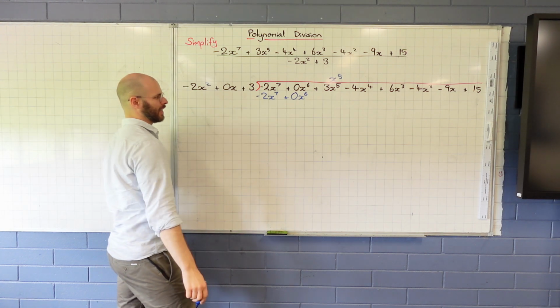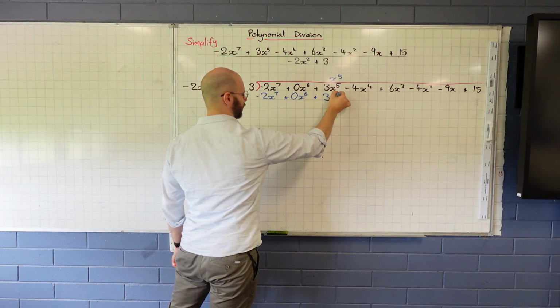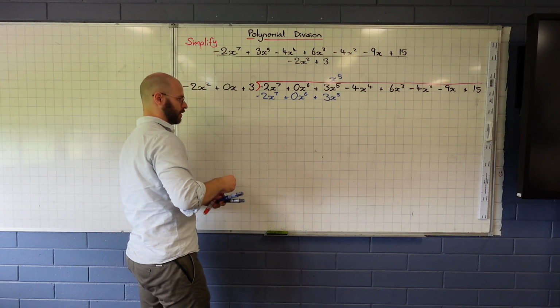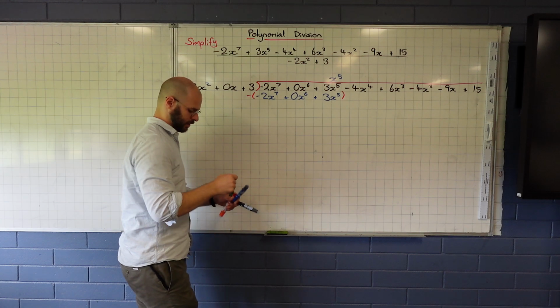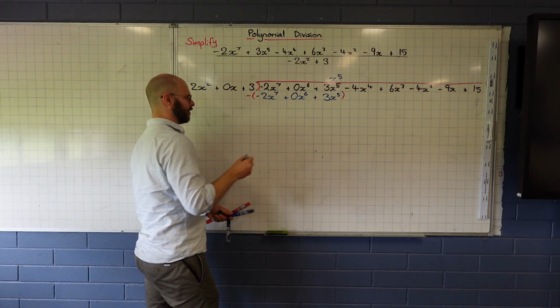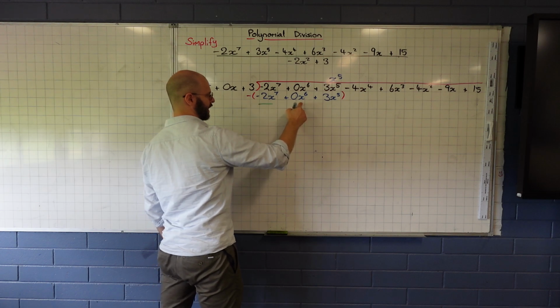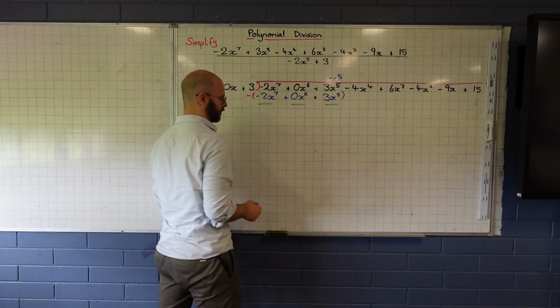Okay, 3 times x to the 5? 3x to the 5. Wonderful. And then, what do we do? Bracket up, subtract. All of these cancel out. The 7th order term is gone, the 6th order term is gone, and our 5th order term is now gone.